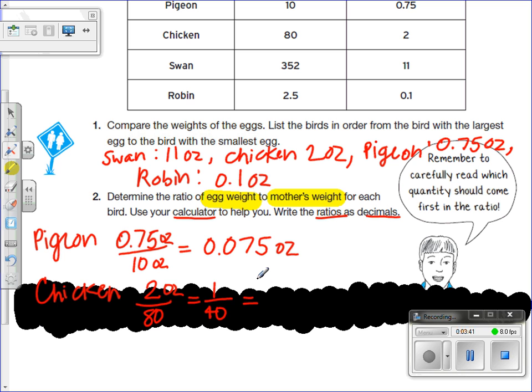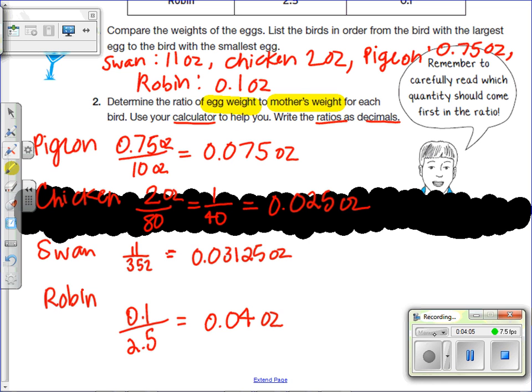If I put that in my calculator, I would have 1 divided by 40, which gives me a decimal of 0.025, and that's ounces. The swan comes next. I want you to go ahead, pause the video, complete the last 2, and then come back and check yourself. Okay, so hopefully you have the same decimal ratios as I do.